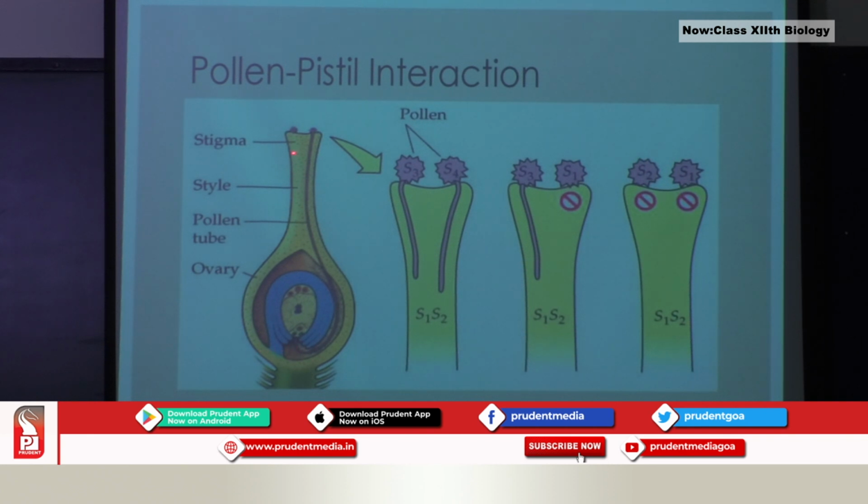Now, how is it that the pollen tube grows and reaches the ovule through the micropyle to enter into the embryo sac? Again, it is the pollen-pistil interaction, the same chemical dialogue which is guiding the pollen tube, which is carrying the two male gametes to reach the ovule, the anatropous ovule, through the micropylar region into the embryo sac.